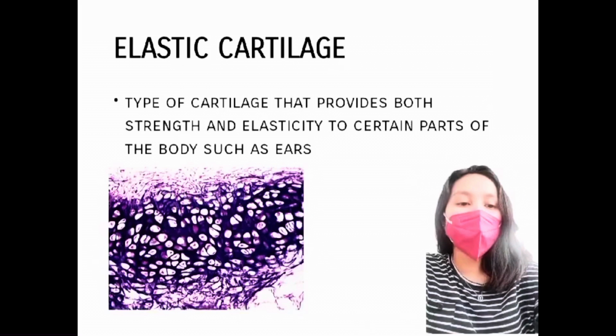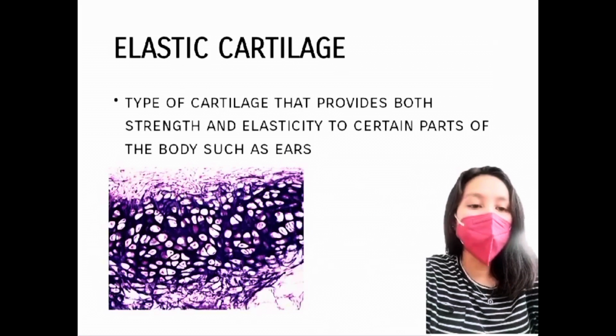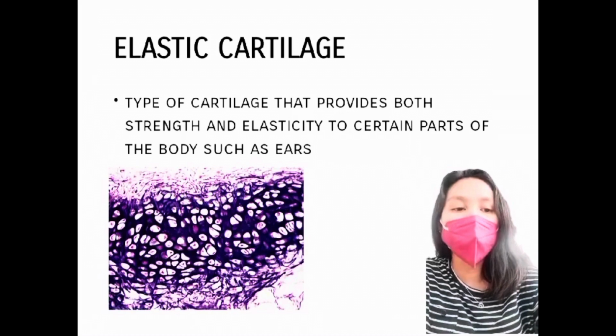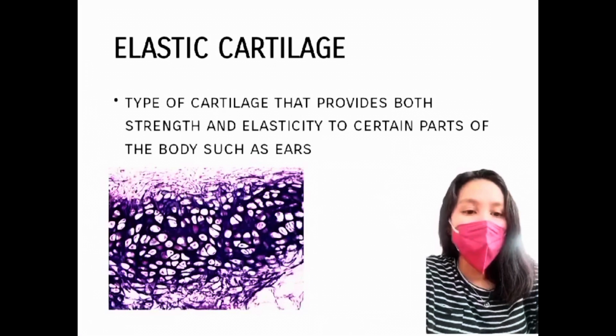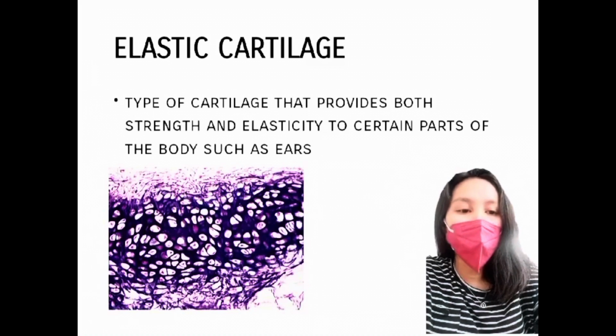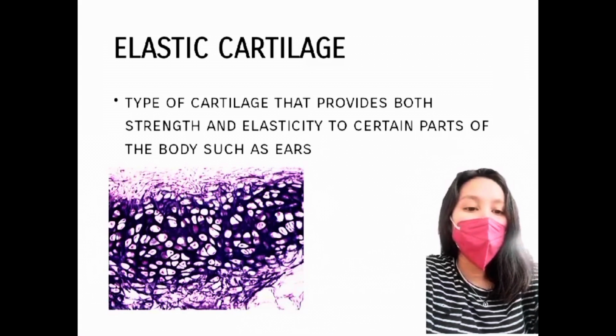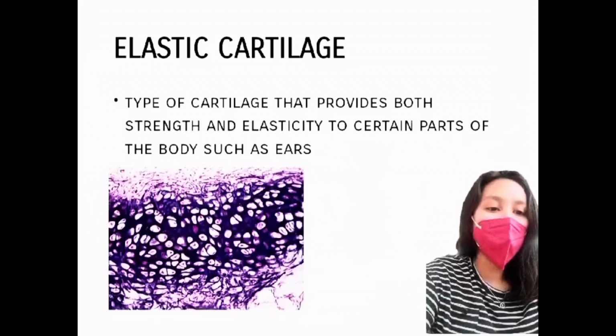It is a type of cartilage that provides both strength and elasticity to certain parts of the body, such as the ears. Within the outer ear, it provides the skeletal basis of the pinna, as well as the lateral region of the external auditory meatus.